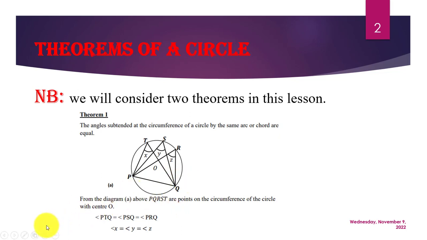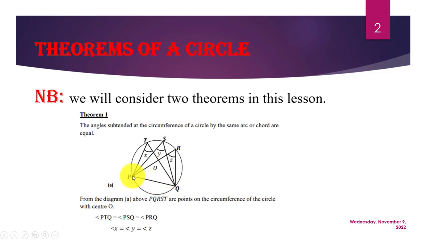In this diagram, P, Q, R, S, T are points on the circumference of the circle with center O. The line PQ is a chord because it is a line segment drawn from point P to point Q, and these points touch the circumference of the circle.